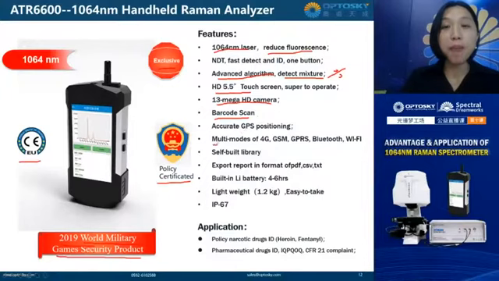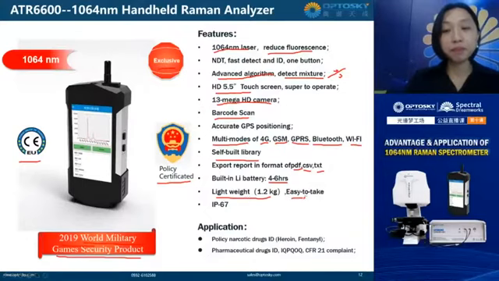It also has multi-mode 4G, GSM, GPRS, Bluetooth and Wi-Fi. We can also self-build libraries and export in PDF, CSV, and TXT formats, and the battery can run for over 6 hours. It is lightweight at 1.2 kilograms, the most compact and easy to carry.